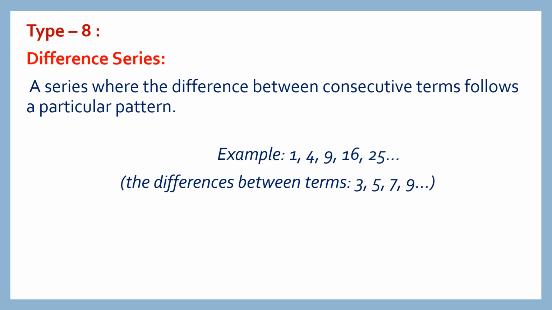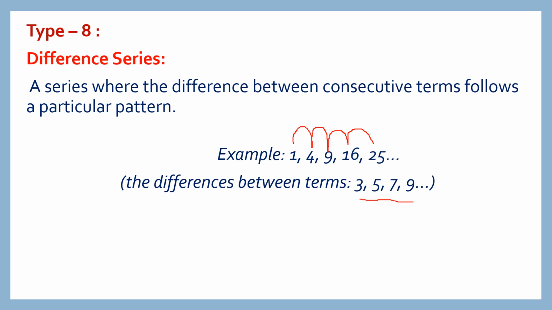So what makes 1 and 4? 1 plus 3 is 4. Again 4 plus 5 is 9. 9 plus 7 is 16. 16 plus 9 is 25. From these numbers what can we find? Is this an even number? No, this is an odd number.